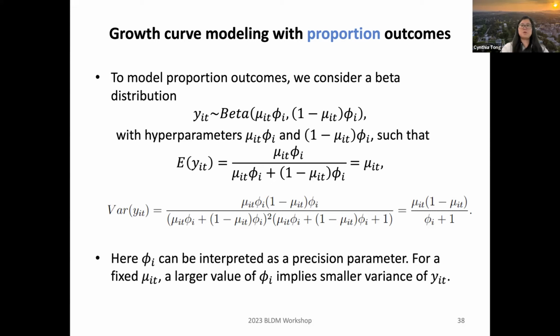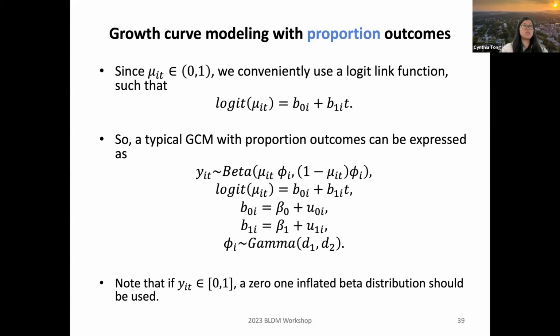Once we specify that, because this mu_it is between 0 and 1 since it's a proportion, we can use a logit link function to link mu_it with time t. A typical growth curve model with proportion outcomes can be expressed like this.